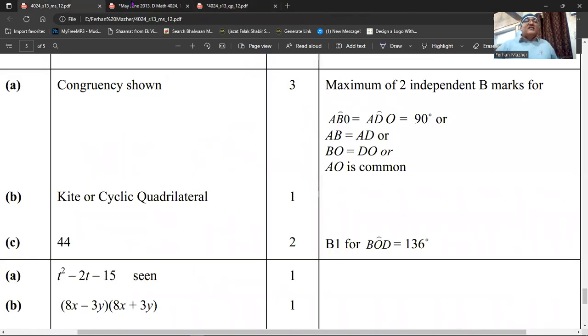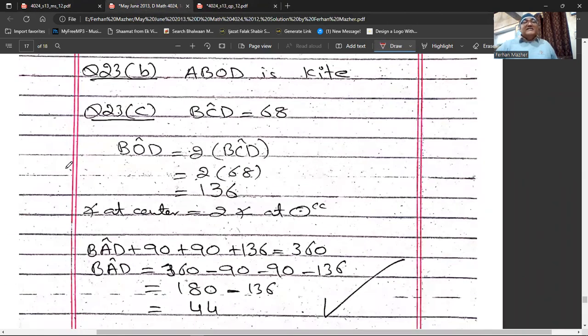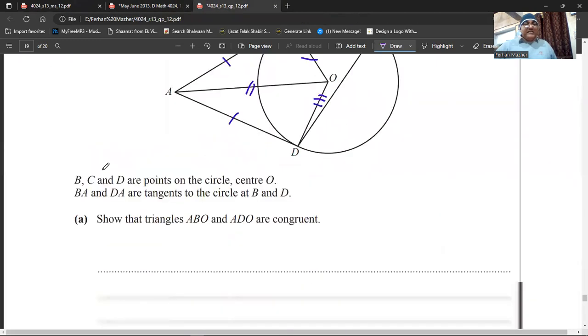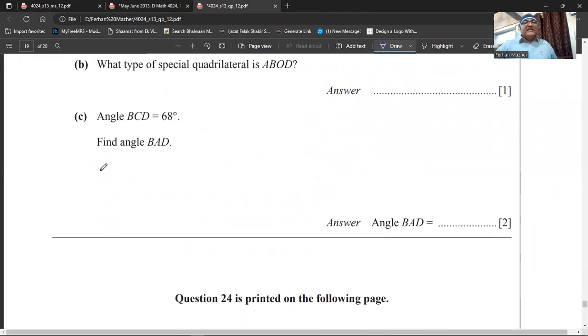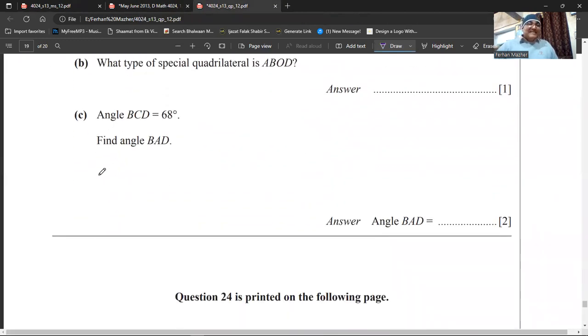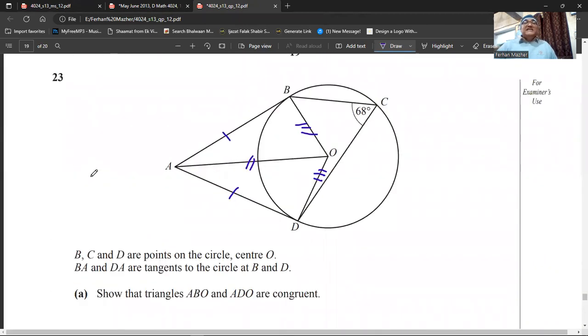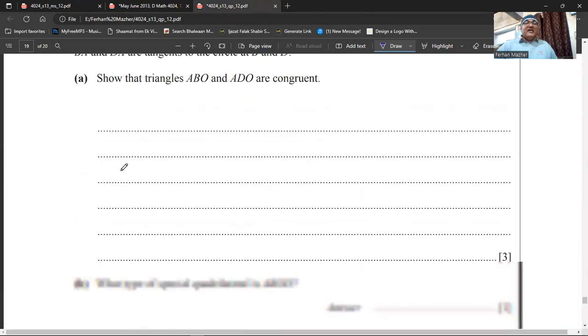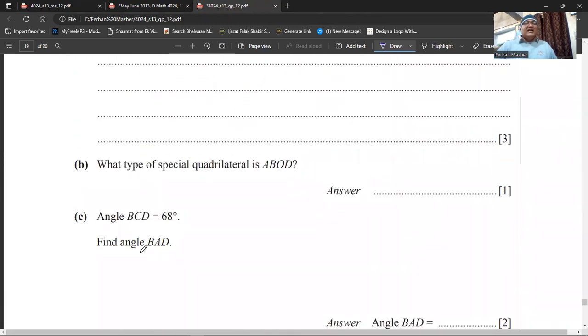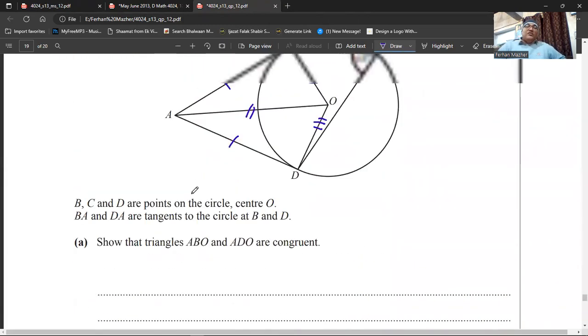Next, C part. It says the angle BCD is 68. Find the angle BAD. Very simple.